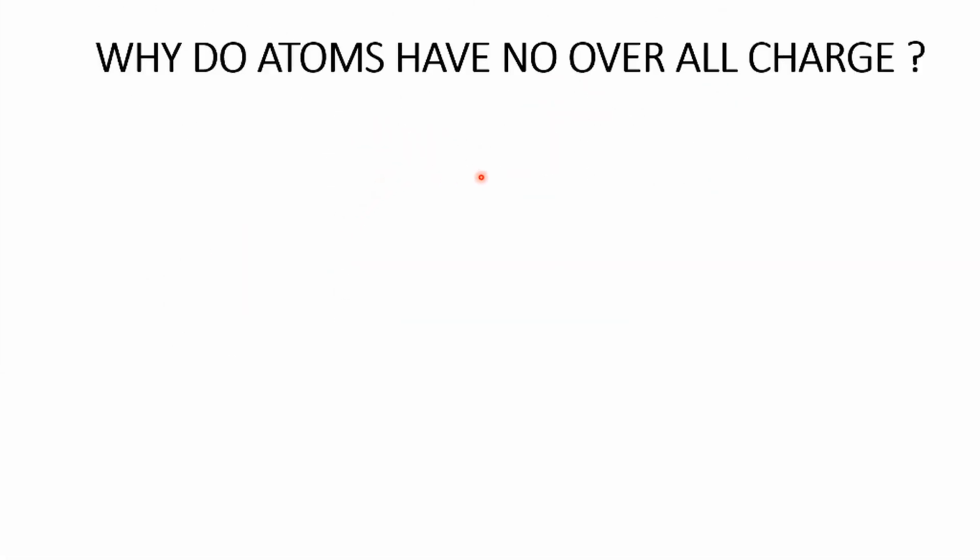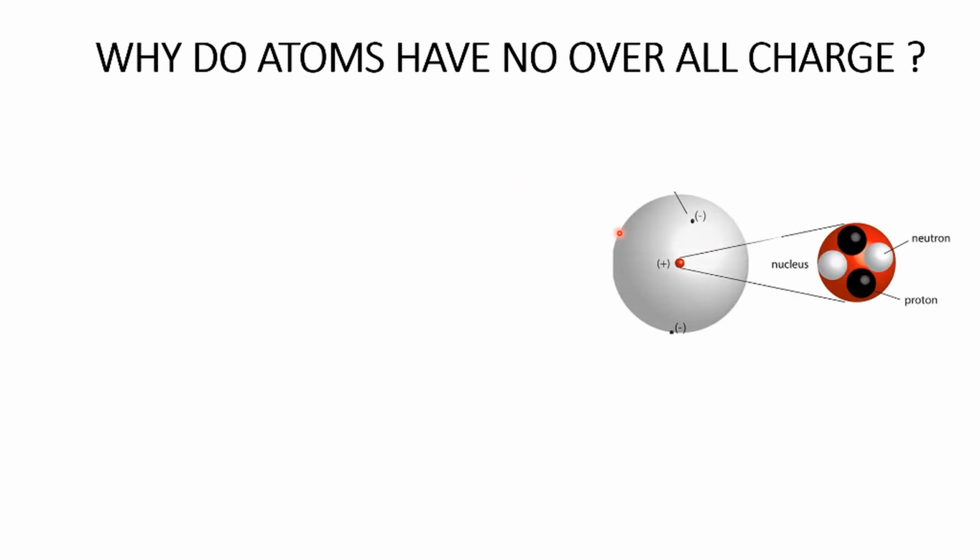Why do atoms have no overall charge? This is the atom and this is the nucleus. It has a positive charge because of the presence of protons, and neutrons have no charge, and these electrons move around the nucleus. They have a negative charge.